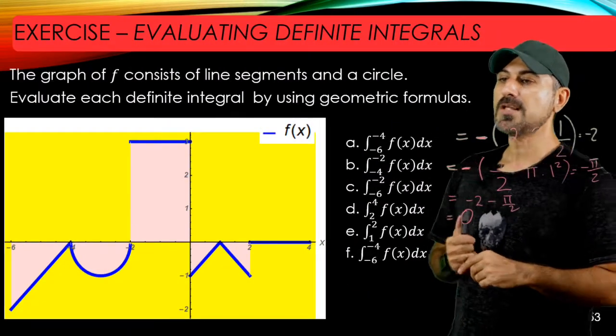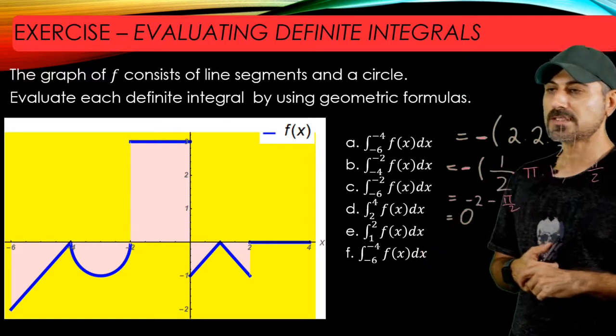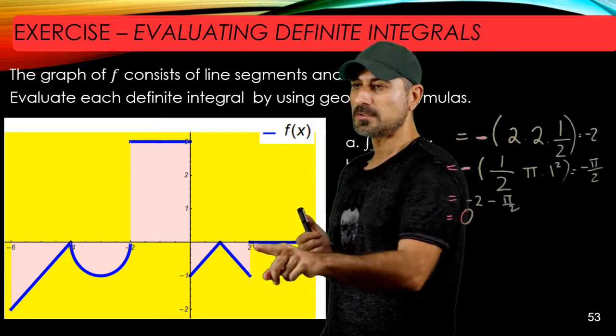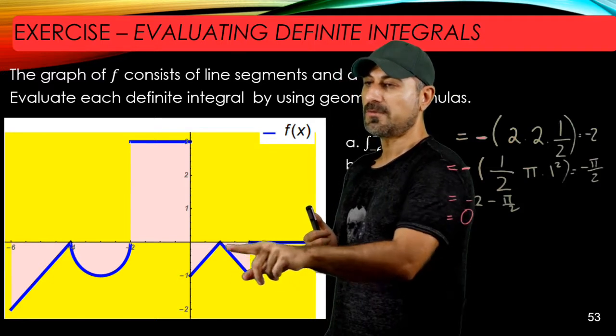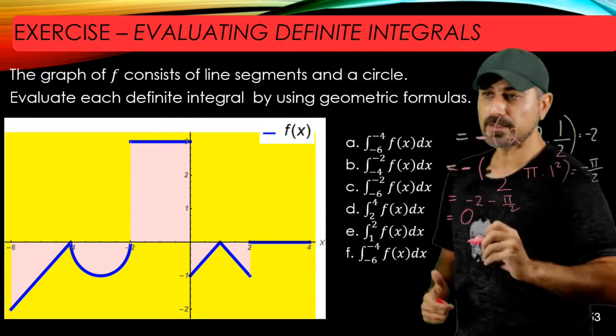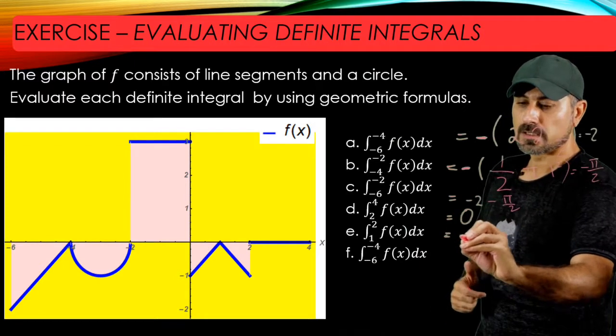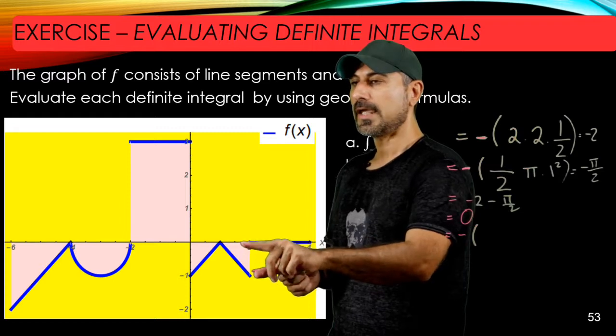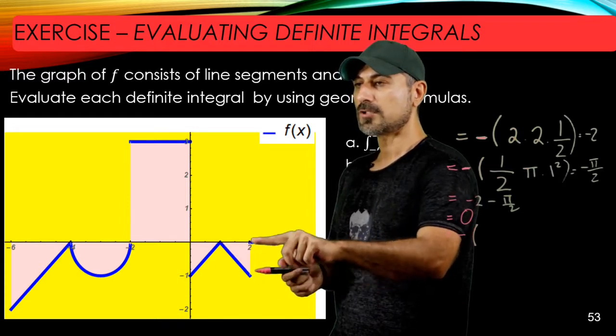In part E, we have the integral from 1 to 2 of f of x dx. Let's check what's going on in the interval 1 to 2. So here we go, 1 and 2 here. Well, the function takes a negative value, so I go ahead and put the negative sign here. And all I'm going to do is calculate the area of this right triangle here.